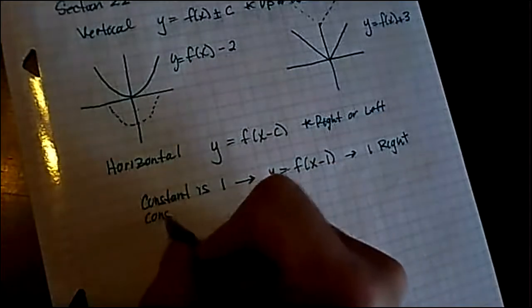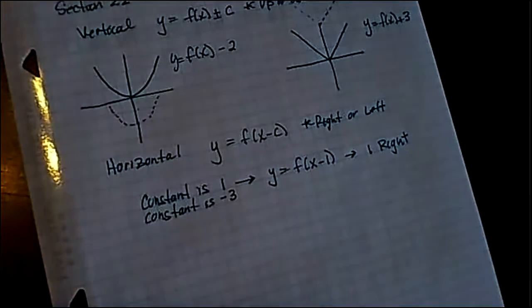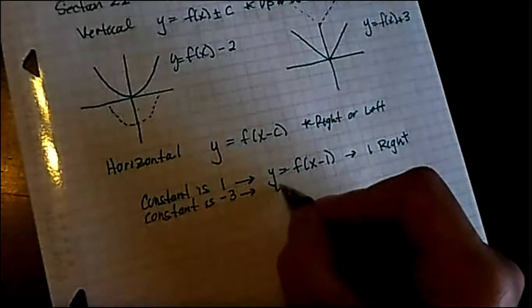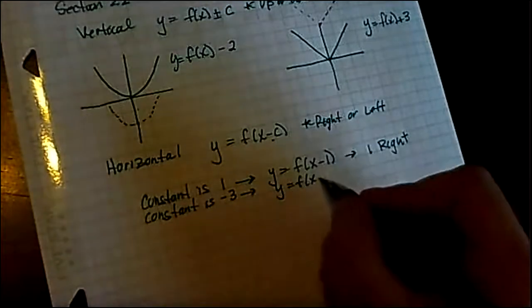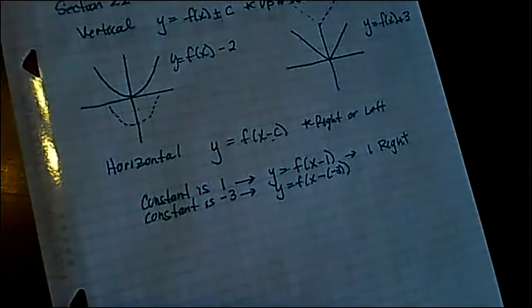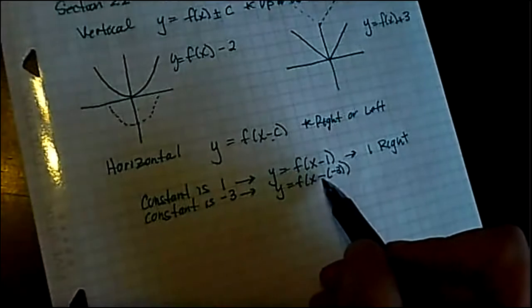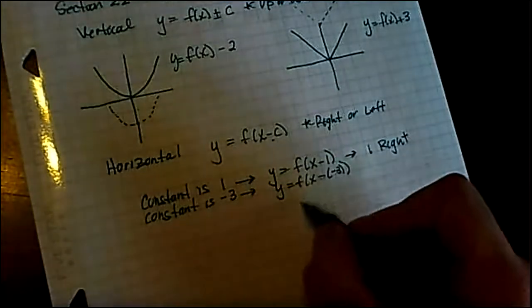So let's say that my constant is a negative 3. So if I put that constant in here for C, it's going to be minus, and then C is a negative 3. Well, what happens when we subtract a negative? It's the opposite of a negative, so that becomes a positive.